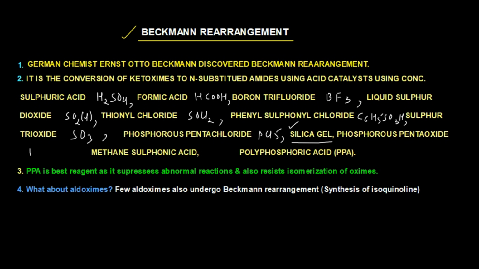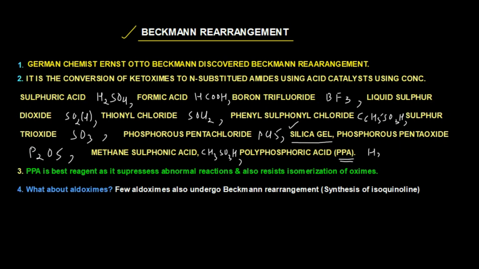Phosphorus pentoxide, P2O5, is another very important reagent for this reaction. Then methane sulfonic acid, that is CH3SO3H, can also be used. And then PPA, polyphosphoric acid, another very important reagent.